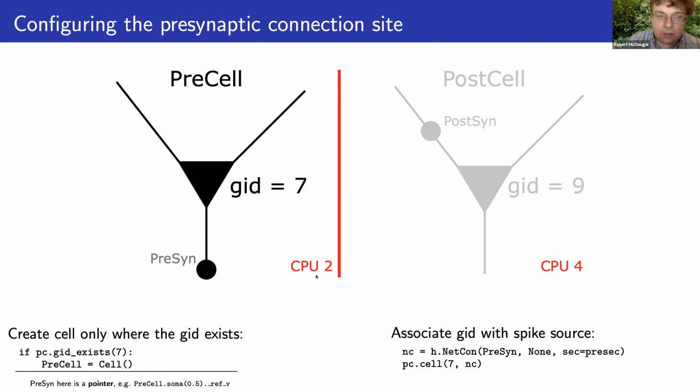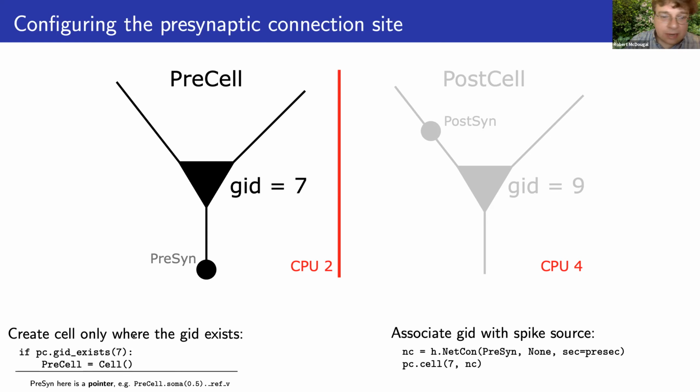So CPU 2 never needs to know anything about the postsynaptic cell per se. It's just going to say, hey, do I own this cell? If so, then I'm going to build it. If it doesn't, I'm not going to use any memory for it whatsoever. And this is how parallel context can save you memory when you're doing these large models over distributed systems.